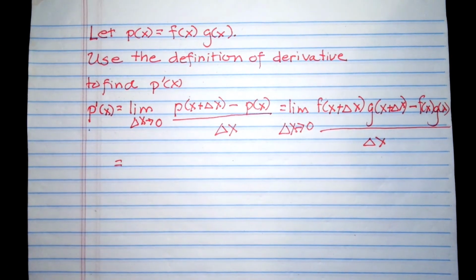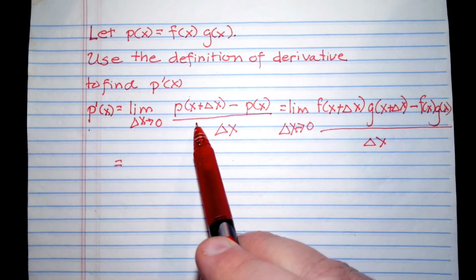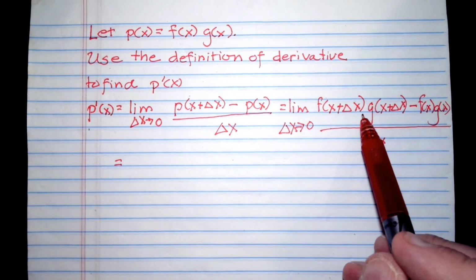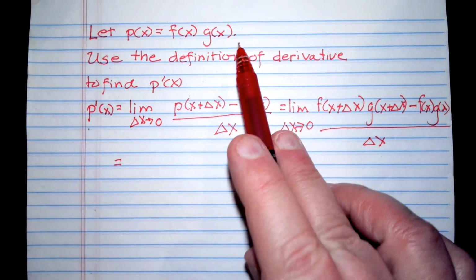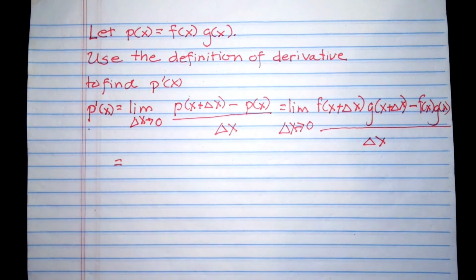Alright, so this is just the definition of derivative, and we get this by substituting in f of x times g of x for p of x.